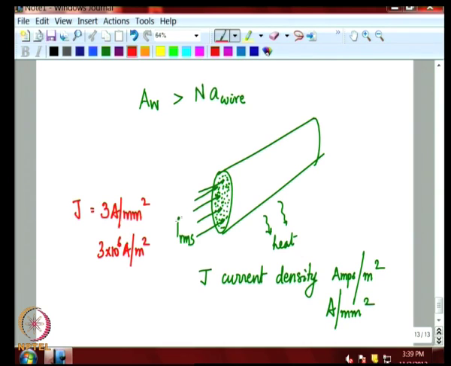Which means that when you say 3 amp per mm square, for every 1 mm square of this cross section area, 3 amps is allowed to flow through that cross section to keep the wire reasonably cool.